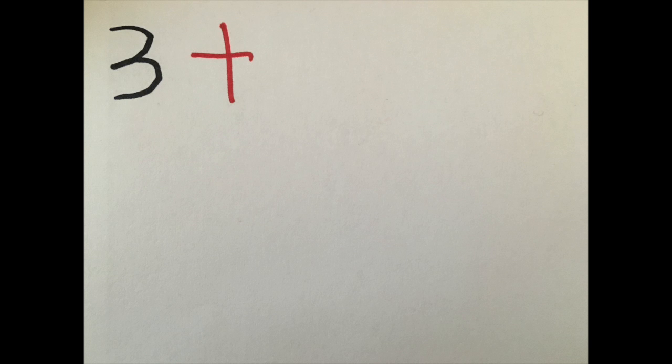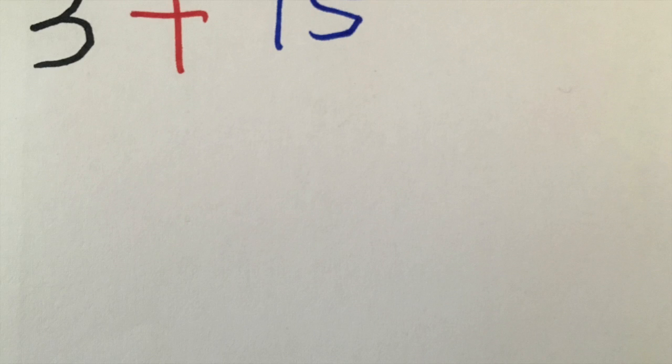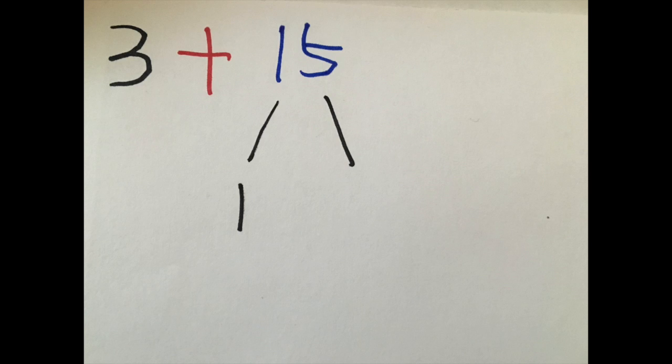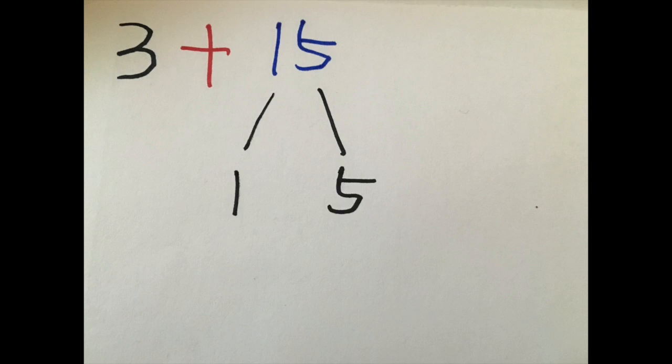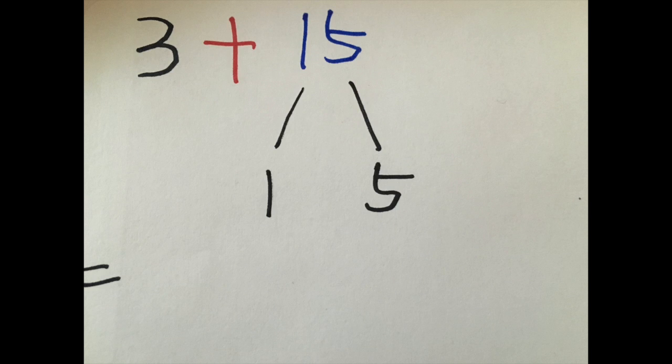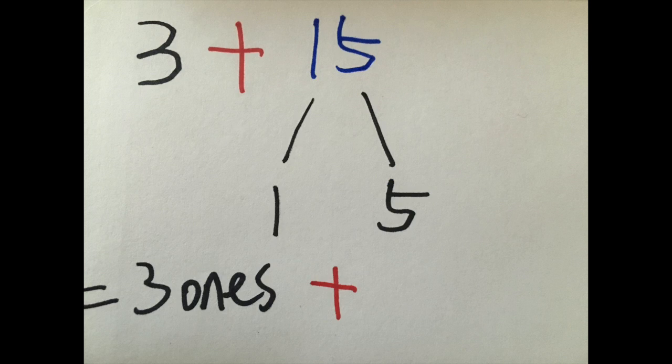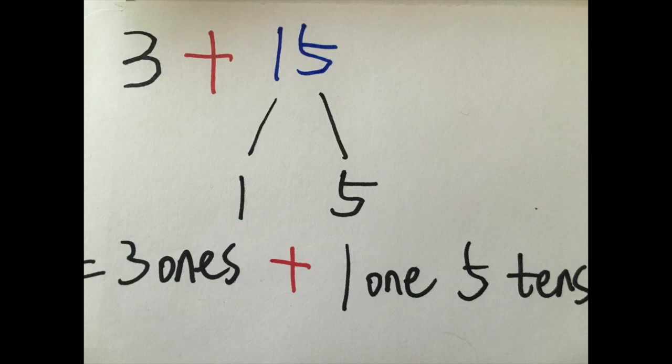To calculate this problem, we already know that Sam has 3 buses, and after he buys 15 more buses, we can add these two numbers together. The first thing we need to do is divide 15 into 1 and 5, so we get 1 ten and 5 ones. So next we can add 3 ones to 1 ten and 5 ones.